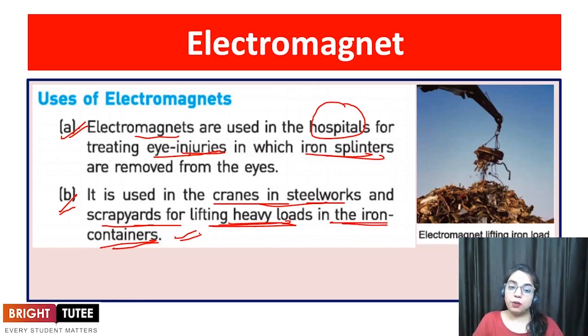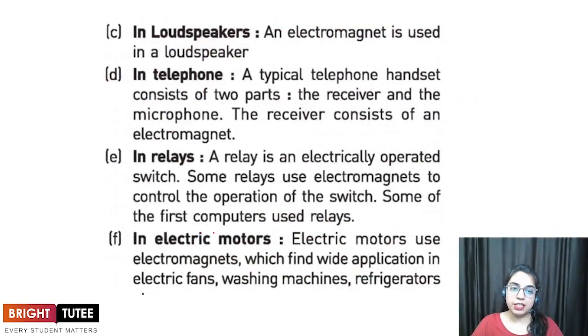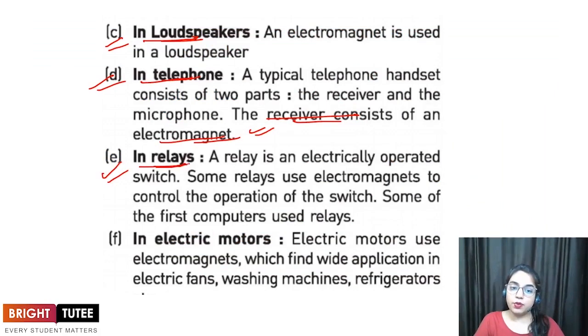Okay, and also it can be used to separate iron articles from a lot of junk. In that case also we can use powerful electromagnets. Then the next, it is also used in loudspeakers. In telephones, the receiver of the telephone contains an electromagnet, children. Okay, then it is also used in relays.